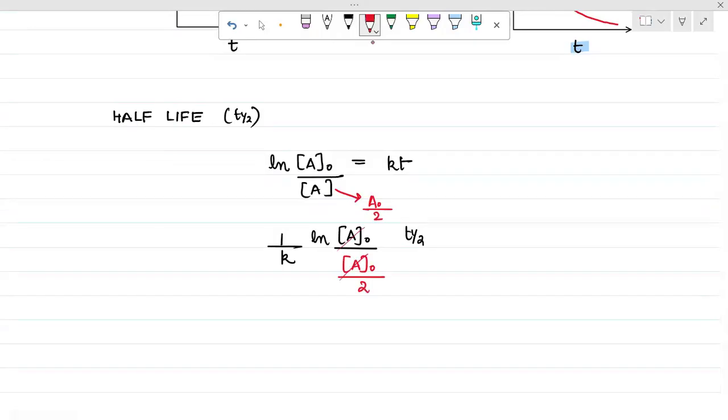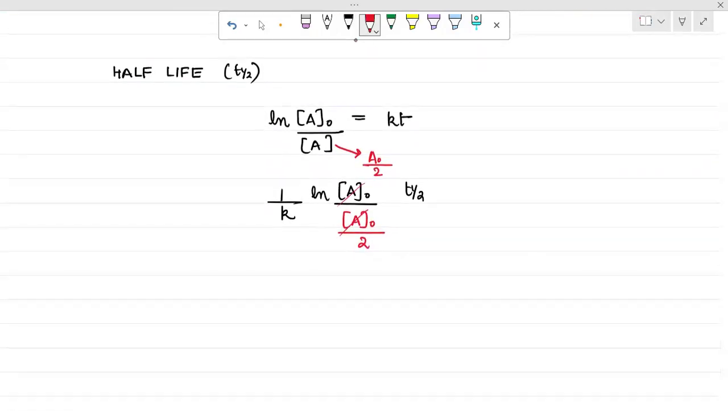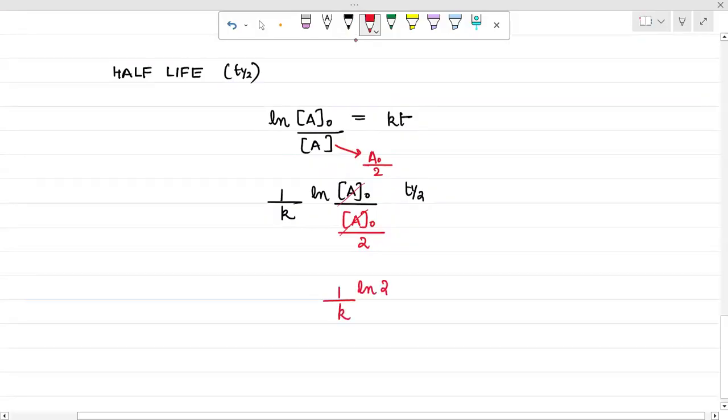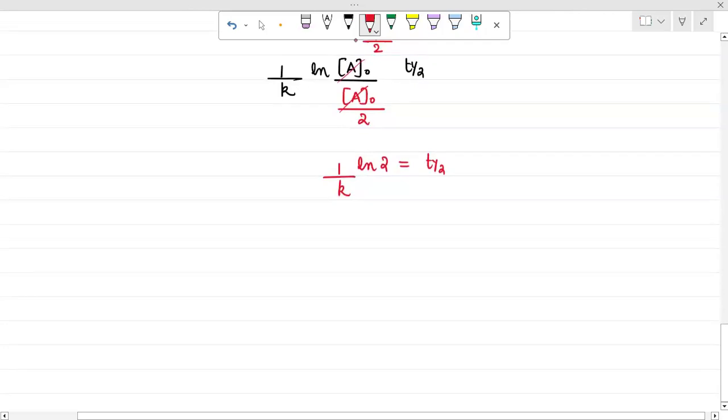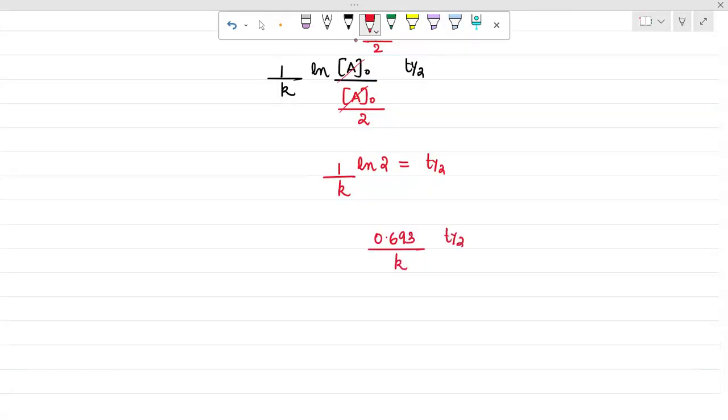A naught and A naught get cancelled. So this becomes 1 by K ln 2 is equal to T half. And the value of ln 2 is a constant, which is 0.693, so 0.693 by K is T half. Very important. T half is equal to 0.693 by K.